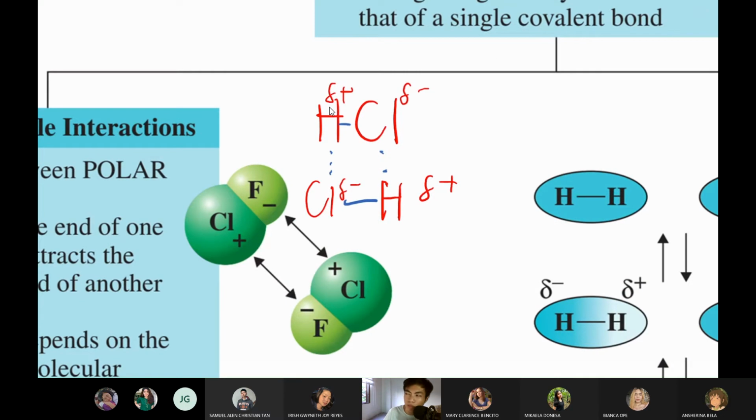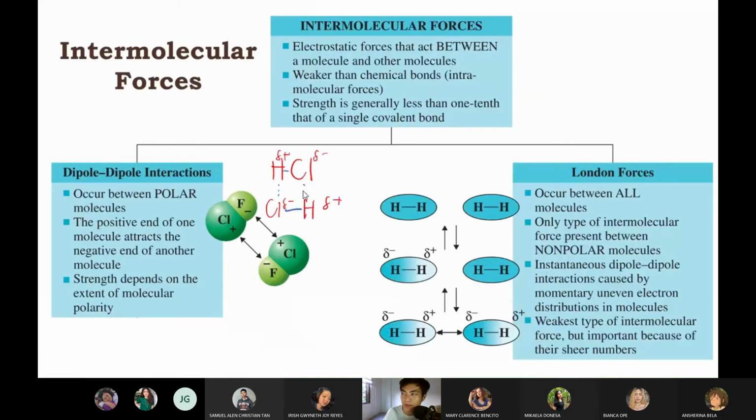So, yung positive ng isang molecule, kakabit sa negative ng isa, ng Cl. And yung Cl, kakabit sa positive ng other molecule. Okay? Bakit sila nagkakabit? Kasi sabi nga natin, positive and negative are attracted to each other. So, therefore, they have dipole interaction. Yung positive attracted sa negatives. Okay? So, that's the dipole-dipole interaction.